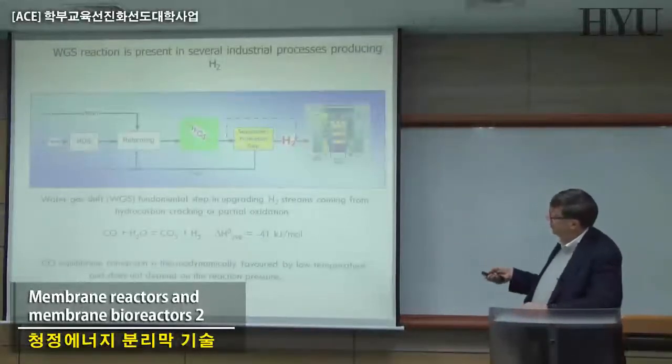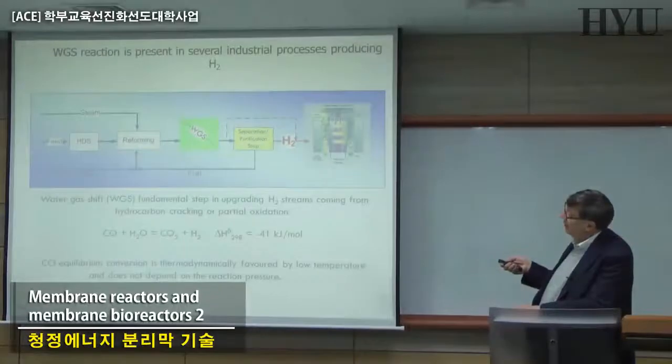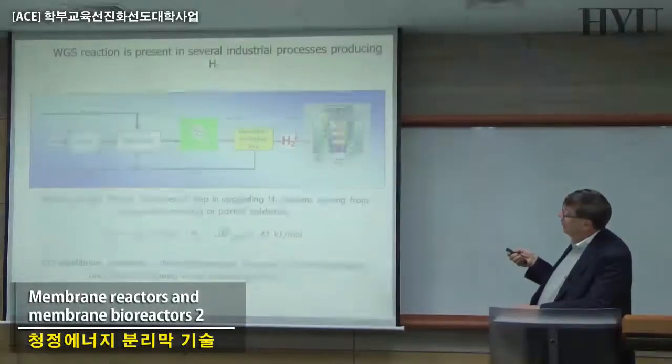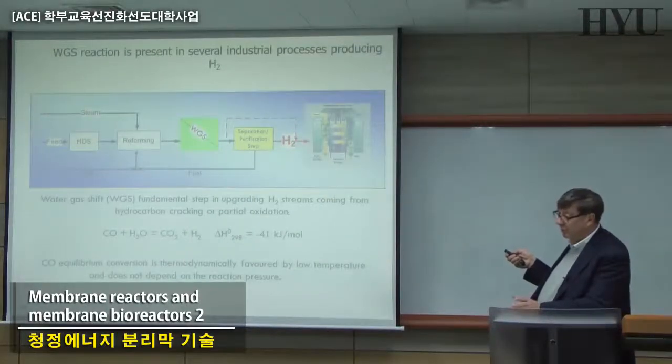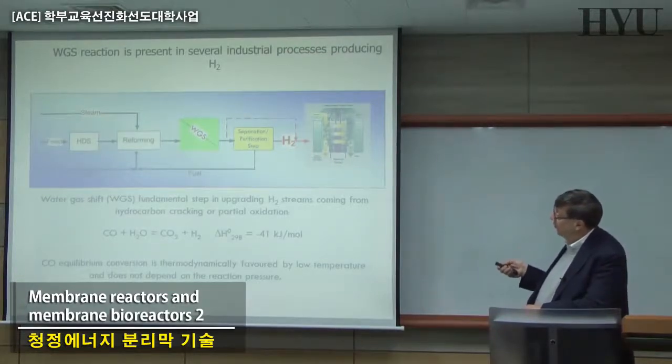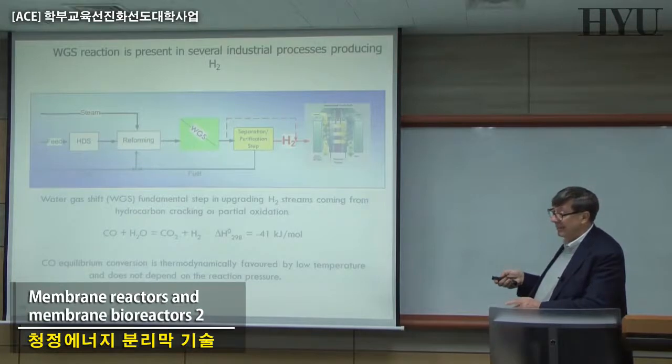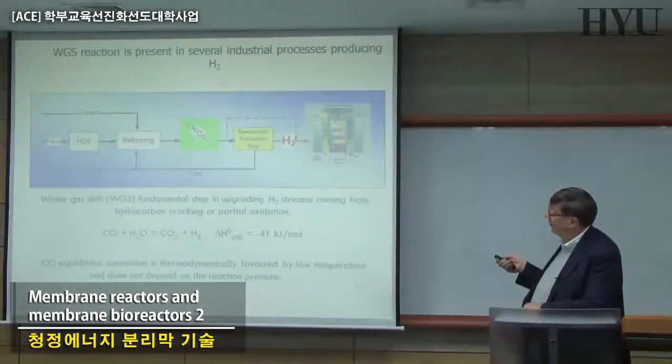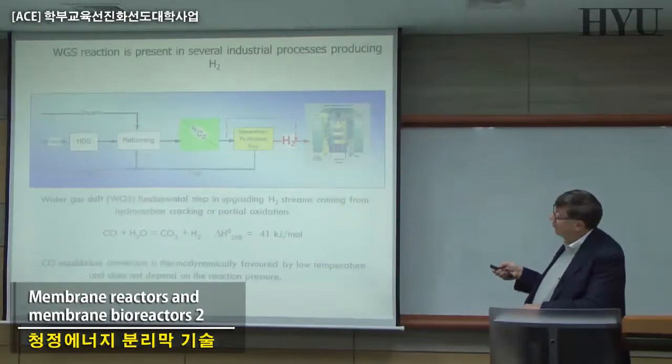This is a complete water gas shift that people are already using, not only for fuel cells, by the way, but in different industrial processes for cleaning and for having hydrogen very well purified at the end. So normally here is the reforming, which can be steam reforming, as I was mentioning before.